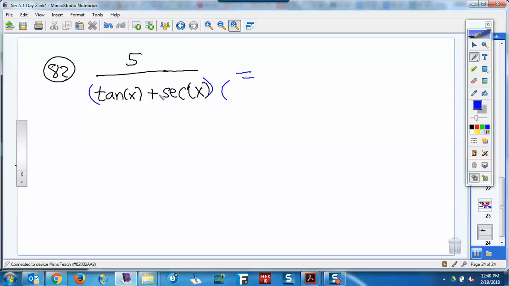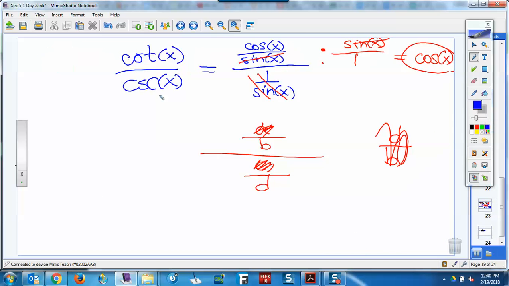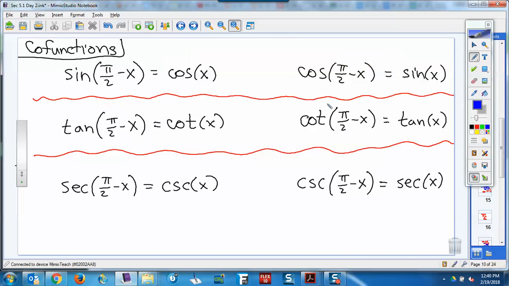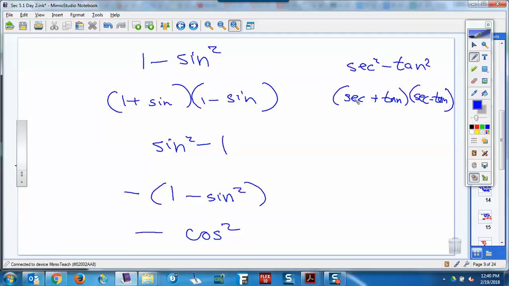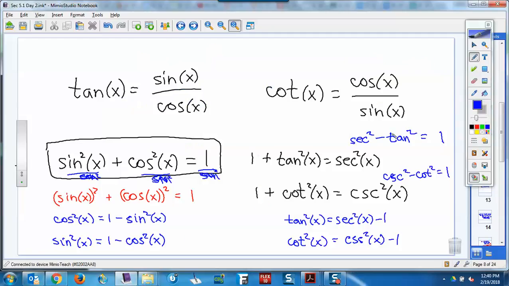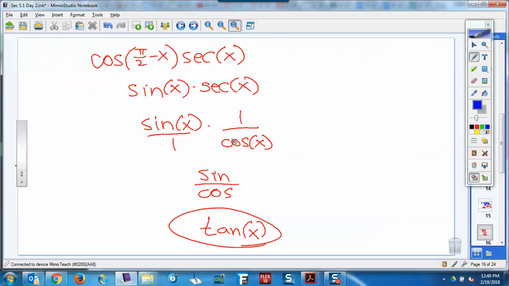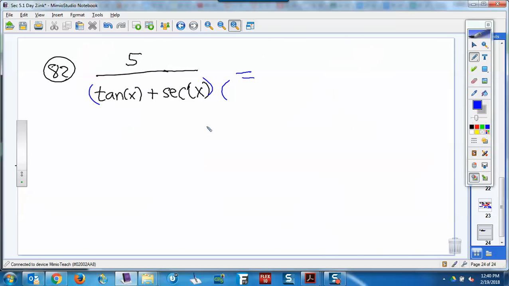Now, if I want to stay away from the negative, I like this one. Secant squared minus tangent squared is 1, so I'd rather do the secant plus tangent and the secant minus tangent. So I'm going to think of this as secant plus tangent instead.